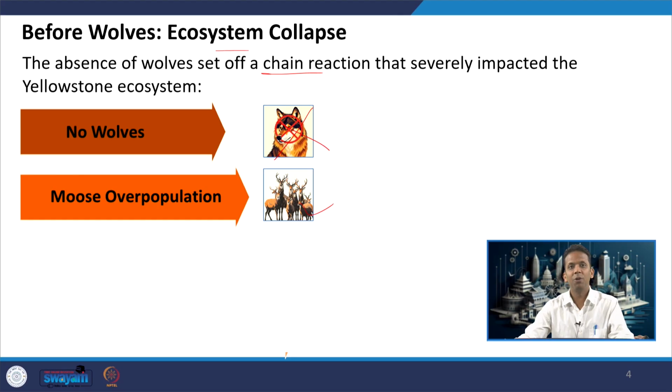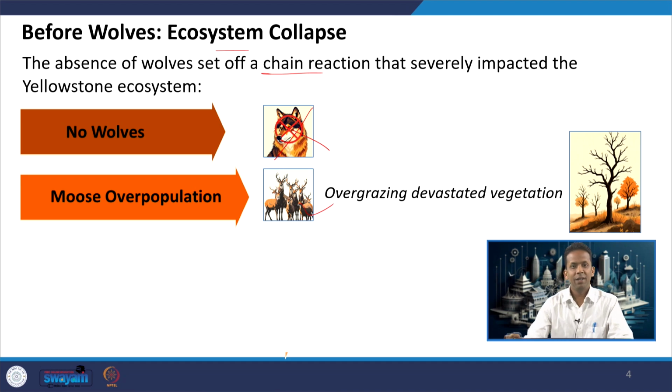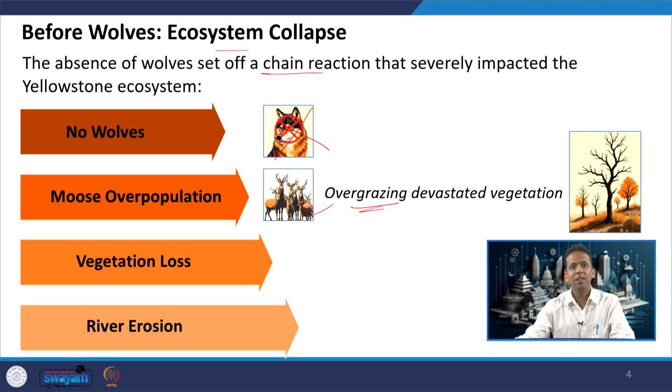Wolves were not there, so their population increased tremendously, and they started overgrazing. Overgrazing means they consumed the vegetation across a wide area in the national park, and this led to the loss of vegetation. Because of that, there were no trees, shrubs or grasses left to control soil erosion and to hold the banks of the rivers.